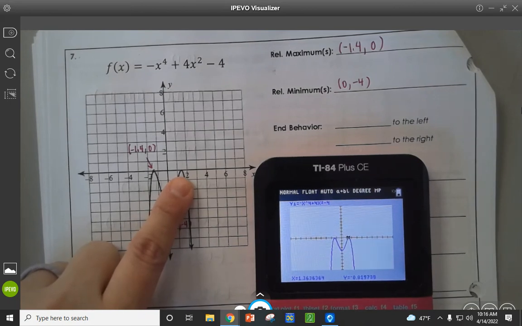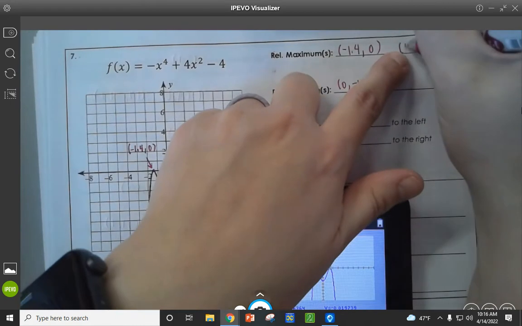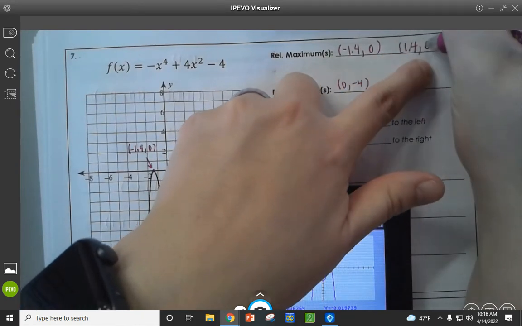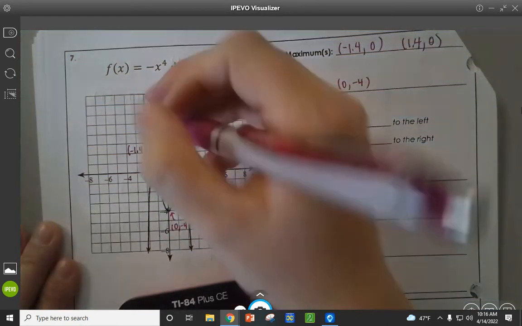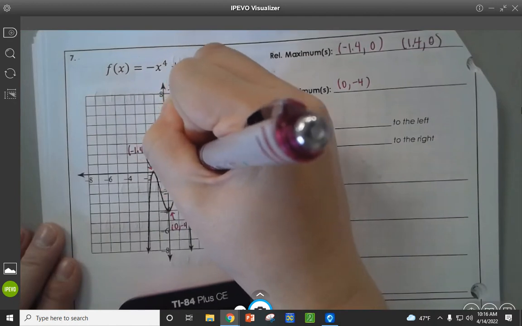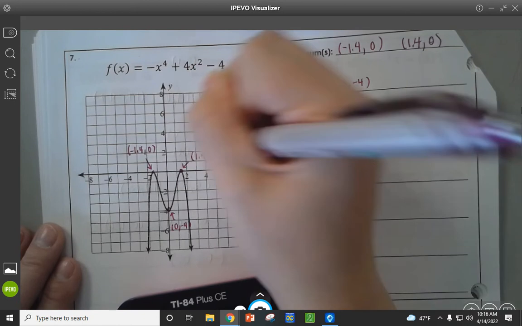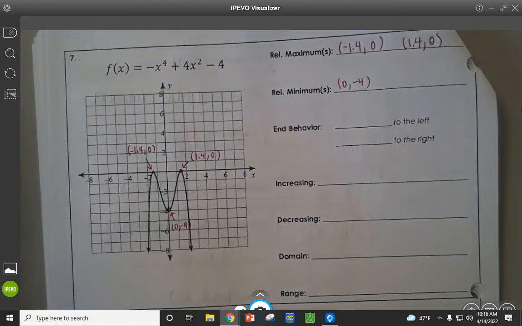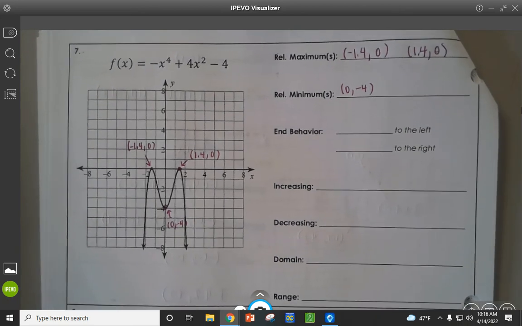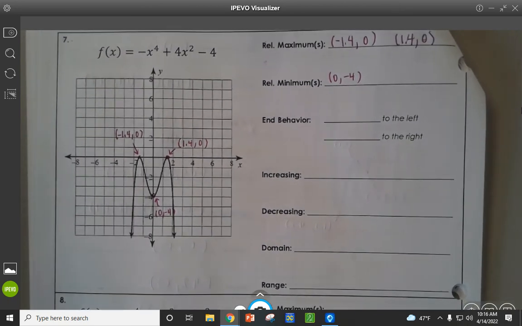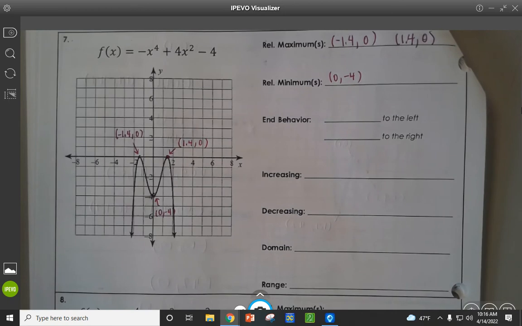And then I have this other maximum, which is positive 1.40. Any questions?